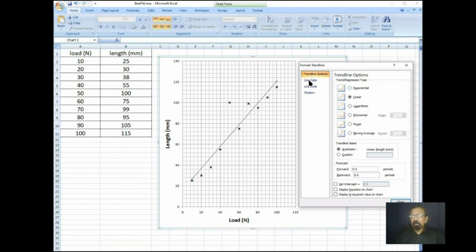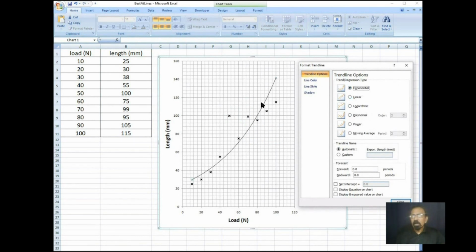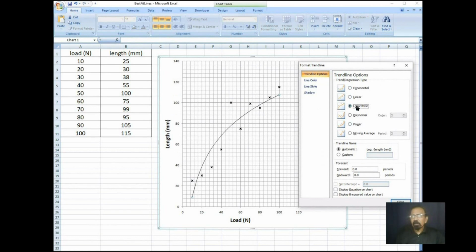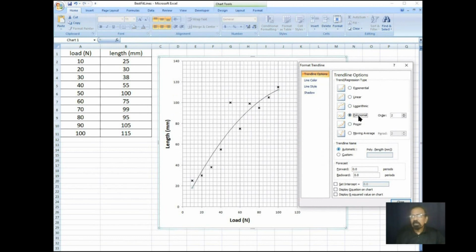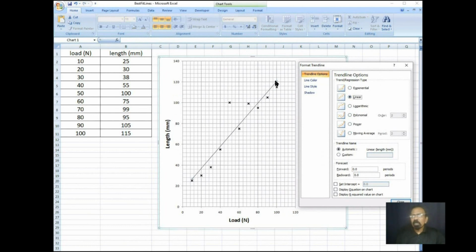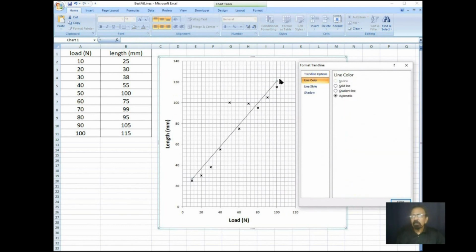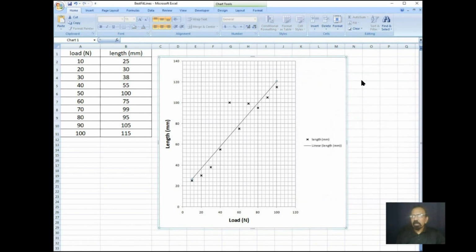You could set it at exponential, logarithmic, power, polynomial, but the one we want is linear, which is our line of best fit. The line color, you could make it a solid line color, and it is already black. Line style, make it a little thicker if you want. You get that.